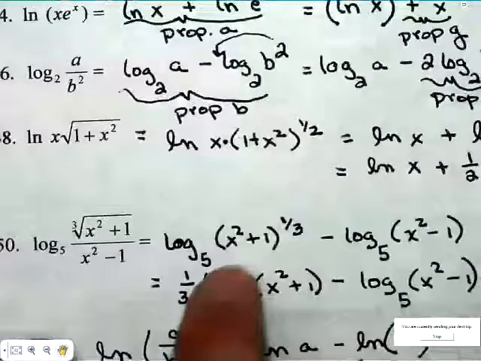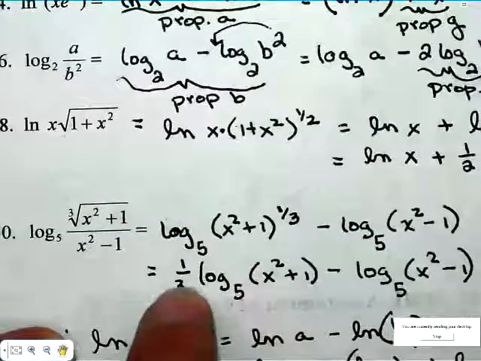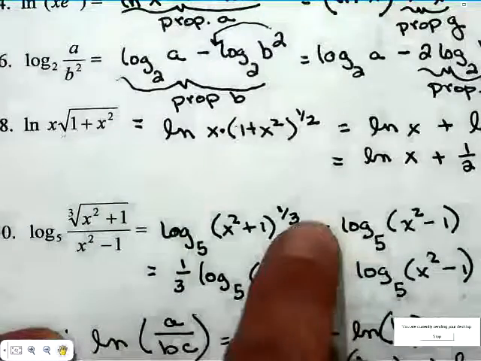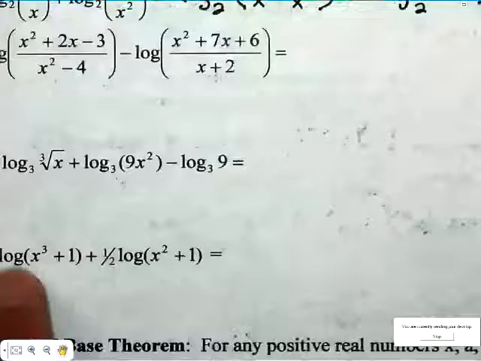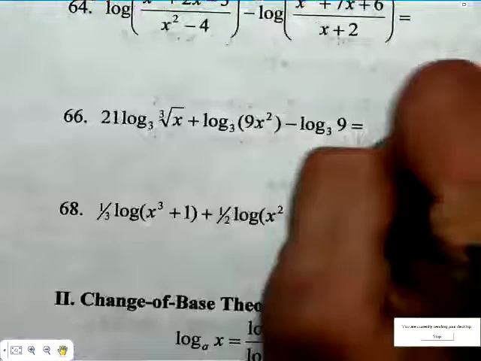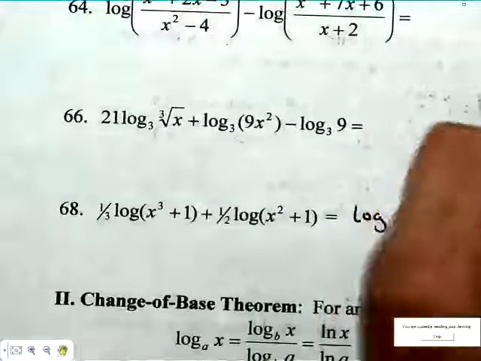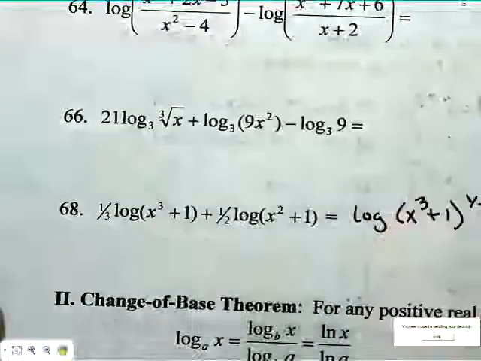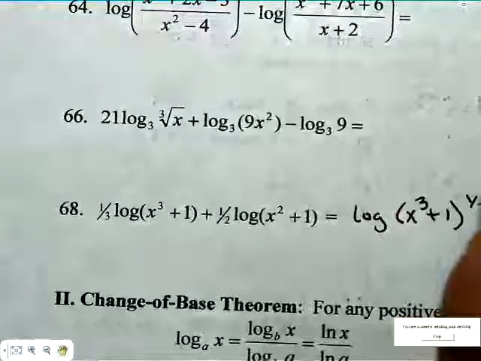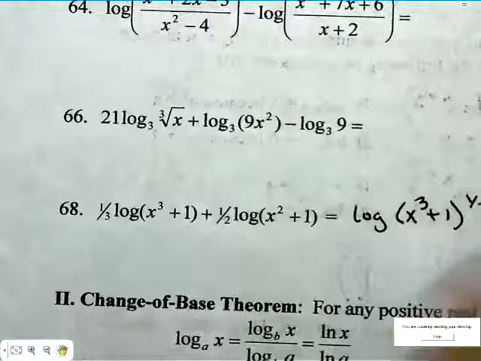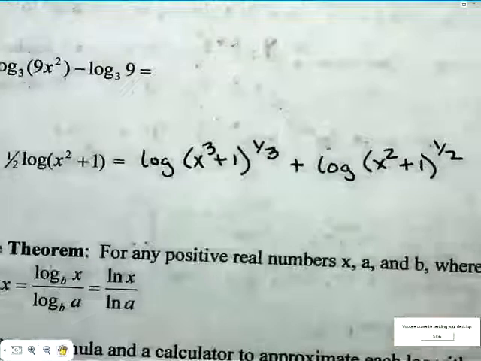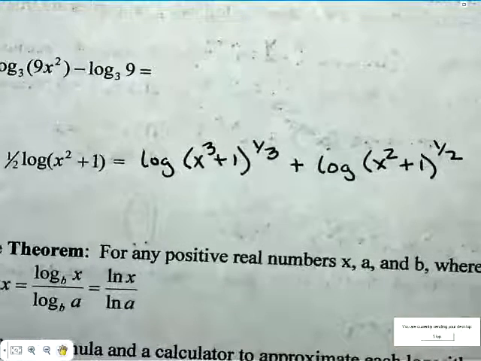If I have a coefficient of 1/3, it came from being the exponent of the argument on the line above it. So I would put this 1/3 back as the exponent of the x cubed plus 1. And that 1/2 back as the exponent of the x squared plus 1. Do I have a single logarithm yet?